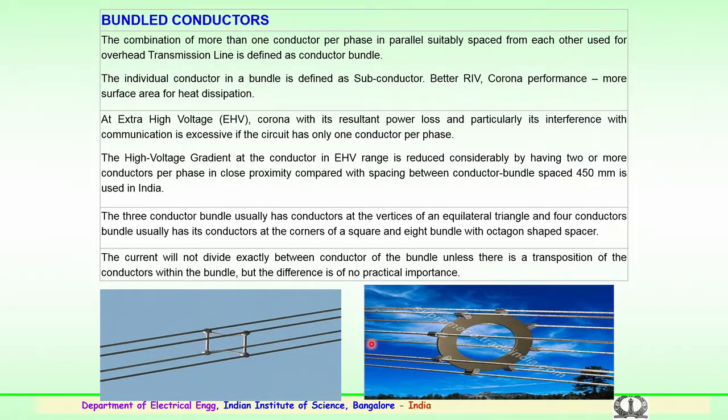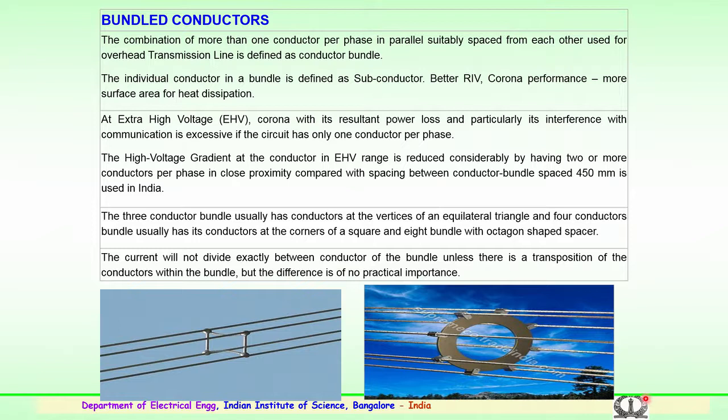The high voltage gradient at the conductor, particularly in the extra high voltage range, is reduced considerably by having 2, 3, 4 or more conductors per phase in close proximity compared with the spacing between the conductor bundles. And as mentioned, the conductor to conductor spacing adopted in our country is 450 millimeters. That is the standard being adopted in the country.